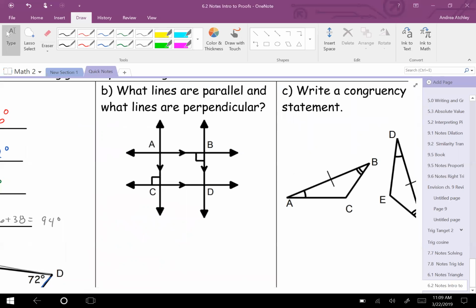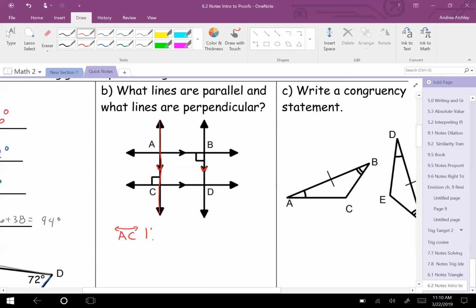Okay, the next one is asking about parallel and perpendicular lines, and I just want to make sure you know what the notation looks like. So we're going to start with this line here. Okay. And we're going to say line AC. When writing a line, you put a line with arrows over it to show it's a line. It has the parallel mark with this side, with that line.